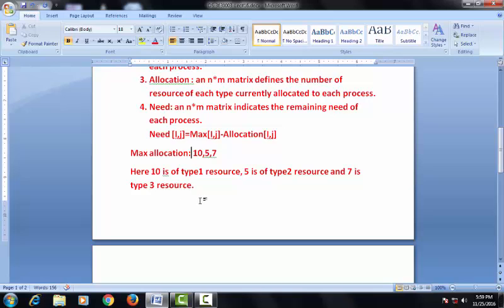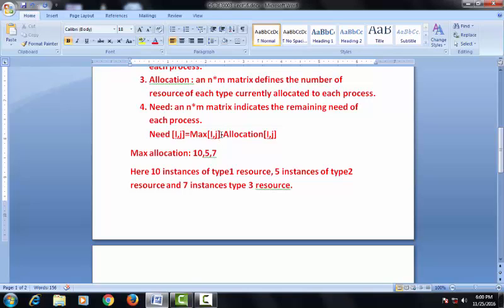Right, so these are instances, and we can define the types like A, B, C: 10 resources of type A, 5 resources of type B, and 7 resources of type C. This is the maximum resource we can take as an example here, and the allocation is the resource allocated to the process.